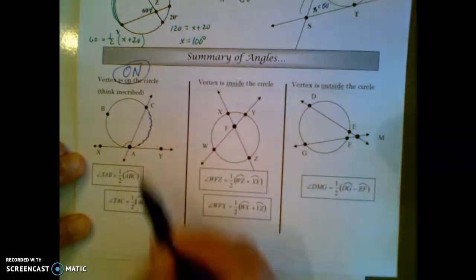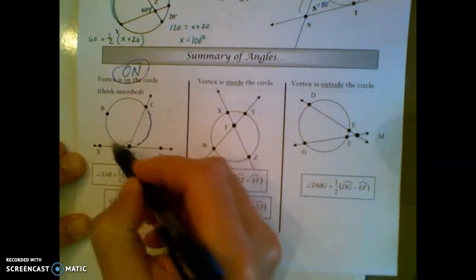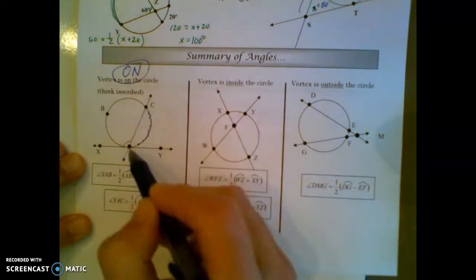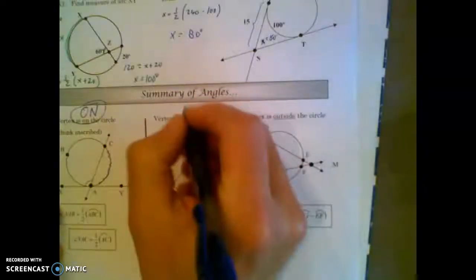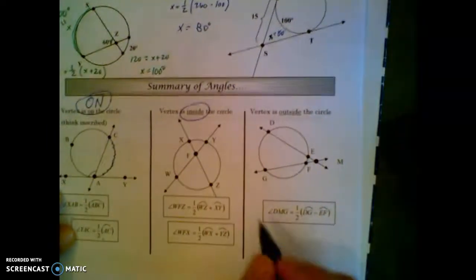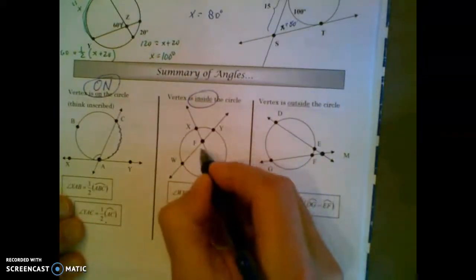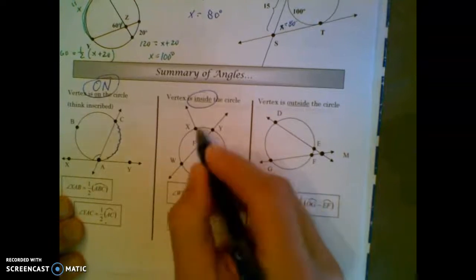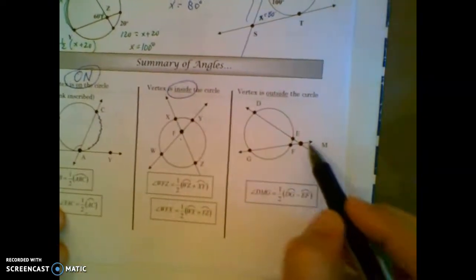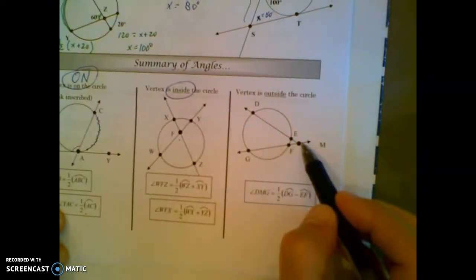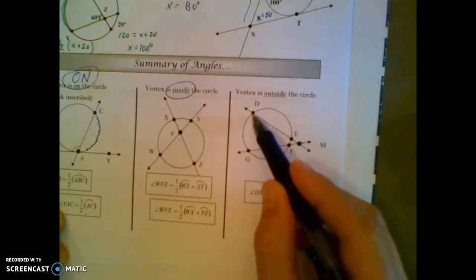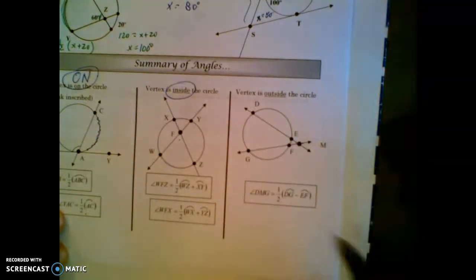If you're looking at this angle over here, then you're going to take half of this arc, because the intersection's on the circle. Sometimes it'll be inside the circle. So then it'll be half of the sum of the arcs. So again, this angle would equal 1/2 of this arc plus this arc. And when the intersection's on the outside of the circle, this angle would be half of the difference. So again, big arc minus the little arc divided by 2, which is what's illustrated right there.